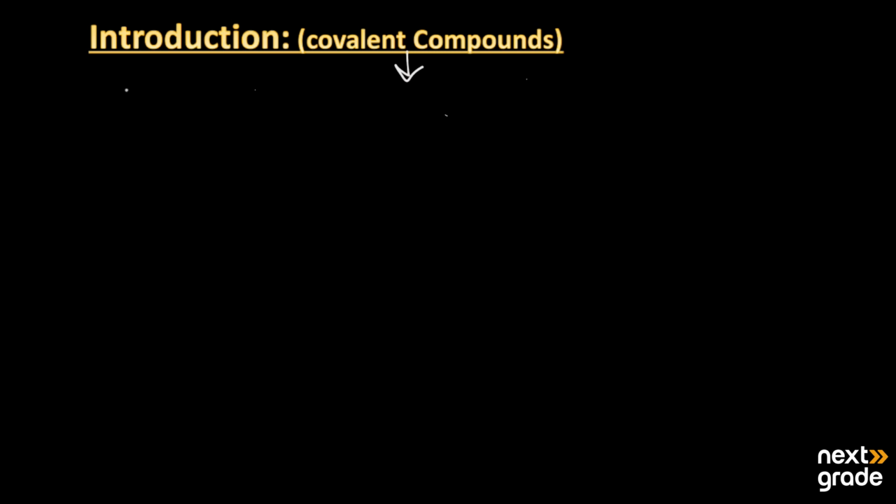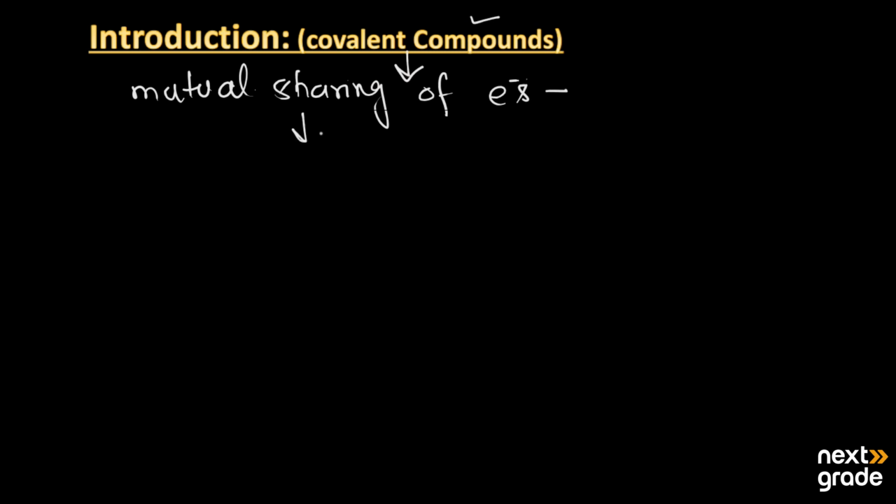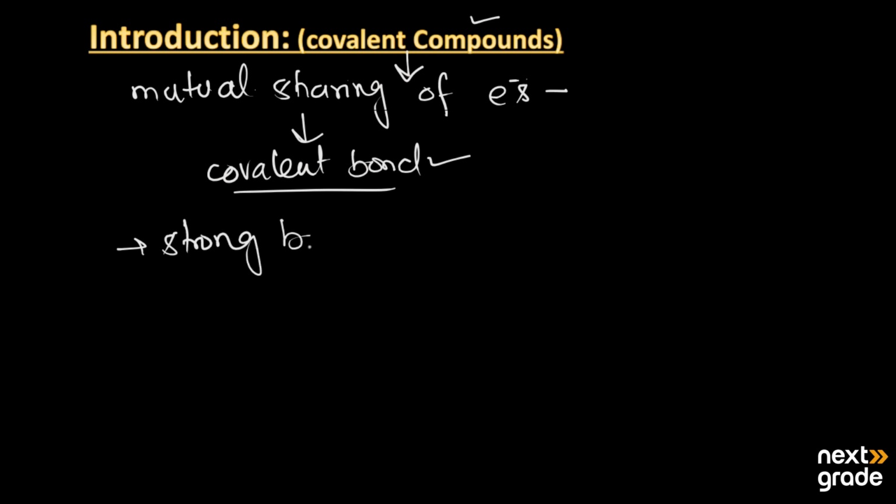The compounds that are formed by mutual sharing of electrons are known as covalent compounds, and the bond that exists between them is the covalent bond. So covalent compounds have a covalent bond between them, and this is a very strong bond.